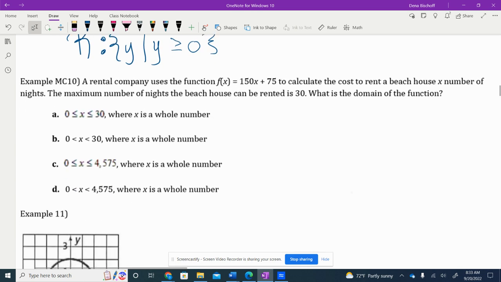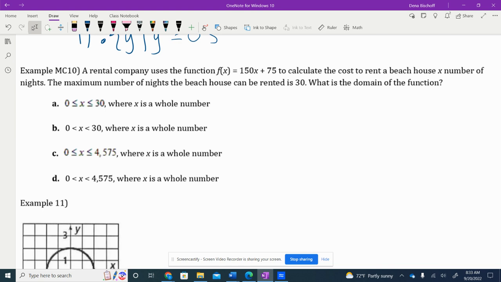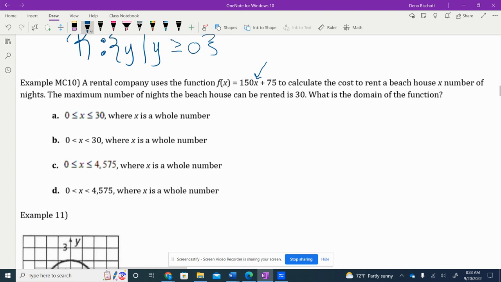Example number 10. A rental company uses the function f of x equals 150x plus 75 to calculate the cost to rent a beach house for x number of nights. So this is the number of nights. Looking at this equation, what's the per night charge? 150.